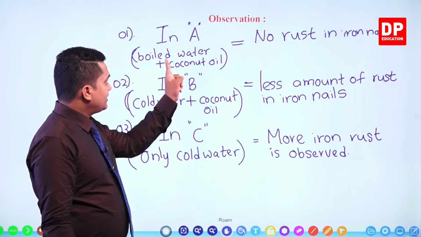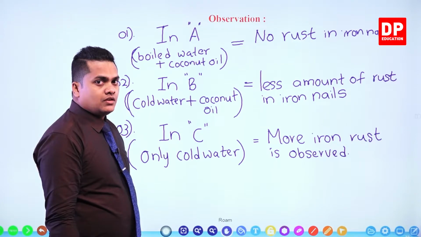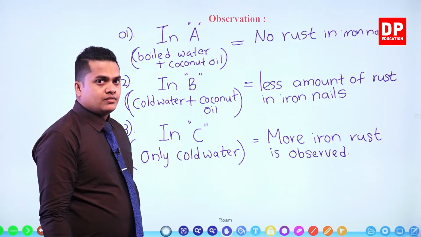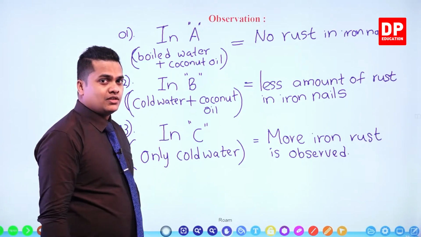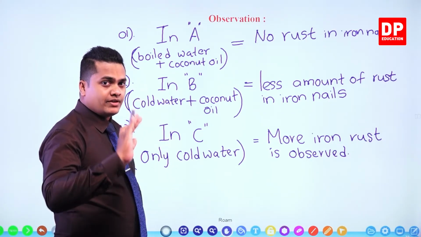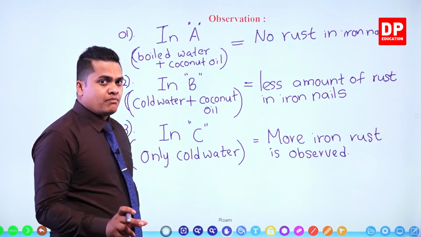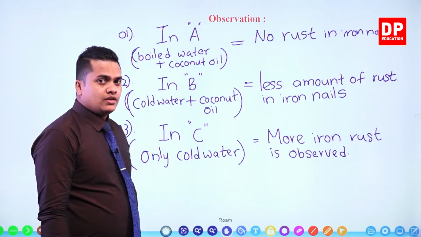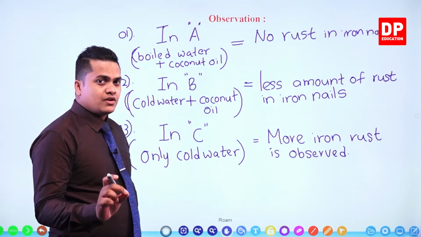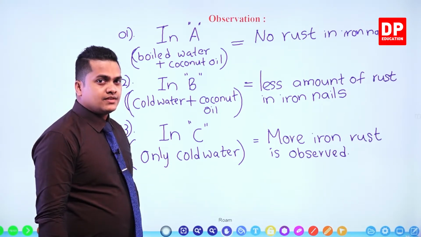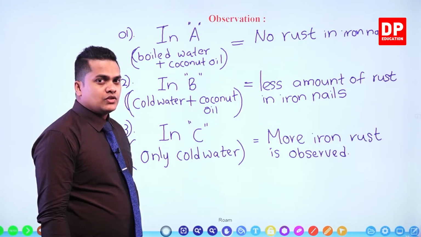So if you take the first setup, setup A, we used boiled water, which means that there are no gases dissolved in the water. By boiling, we evaporate all the gases contained within the system. By adding coconut oil, we are inhibiting the entrance of other gases to the system from the atmosphere, right?